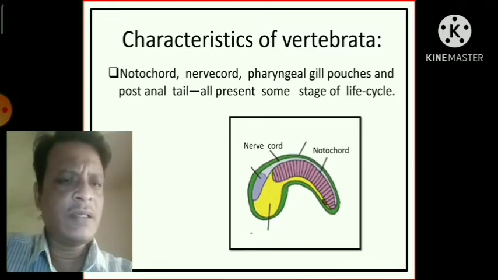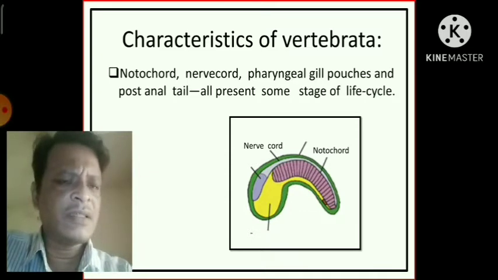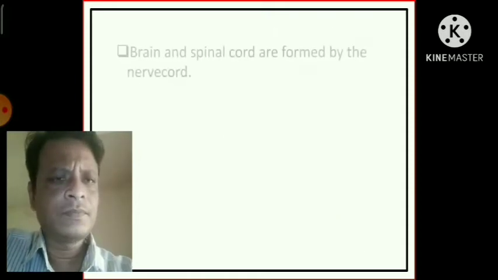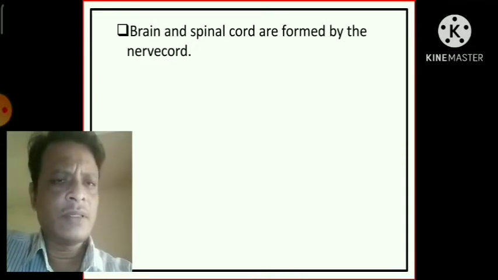If you look at this figure, this is the notochord, nerve cord, and pharyngeal gill slit. These are the most important fundamental characteristics of the chordates, and these are also found in the subphylum Vertebrata. Now, brain and spinal cord are formed from the nerve cord.